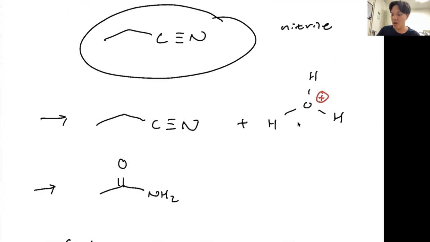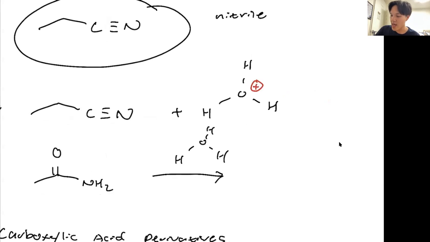This is an amide. Here we have a carbon double bonded to an O, with an NH2 compound, right? And then if we react this further with an acid again, we are actually going to get a carboxylic acid.